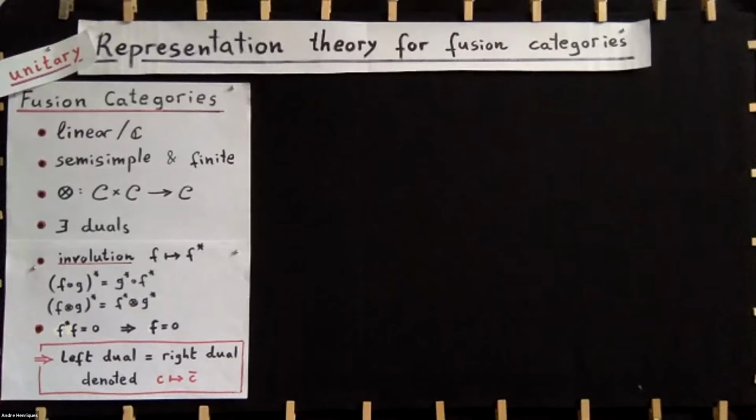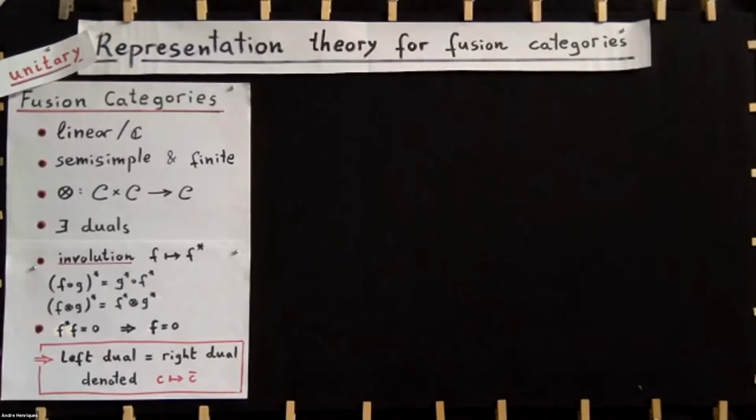And at last, there is a positivity requirement. And all of that has as a consequence that, so I told you about duals, really there's two ways of writing the duality equations, leading to a notion of left dual and right dual. But in the presence of this star, any solution of the equation saying that B is a right dual of A can be transformed into a set of data that tells you that it's also a left dual.